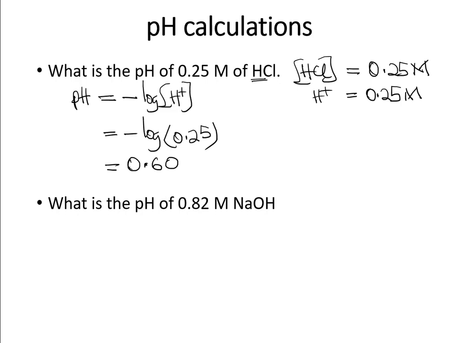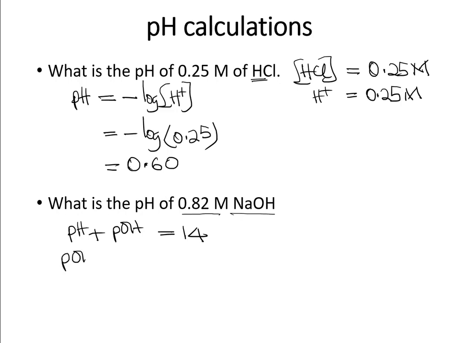Now, what is the pH of this 0.082 molar sodium hydroxide? To solve this one, first determine the pOH. Now we know that pH plus pOH is equal to 14, because we can easily calculate pOH and then determine pH from the pOH.